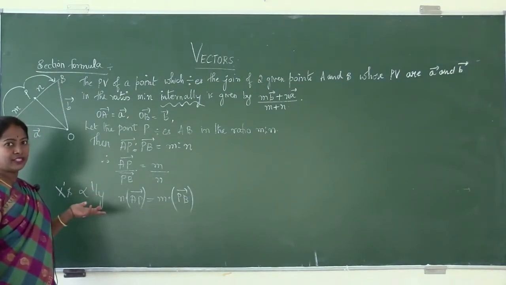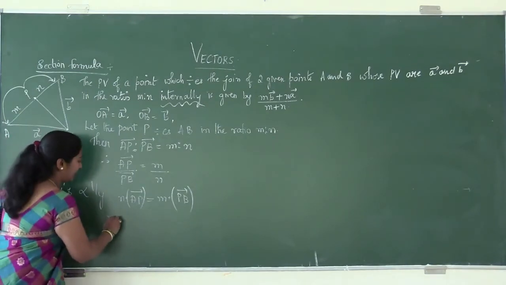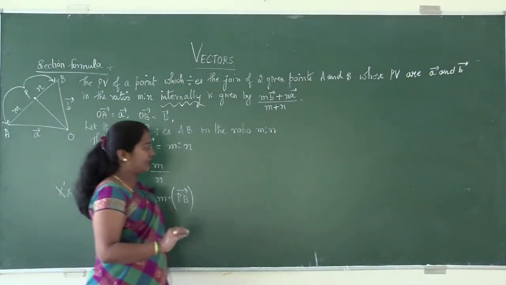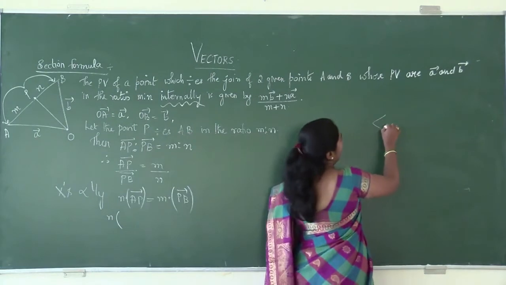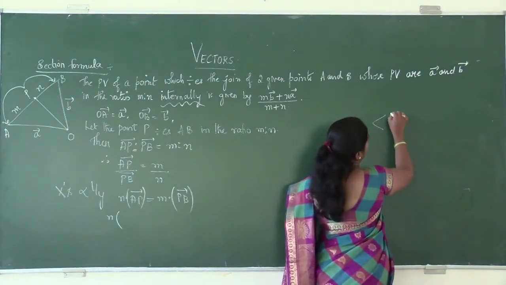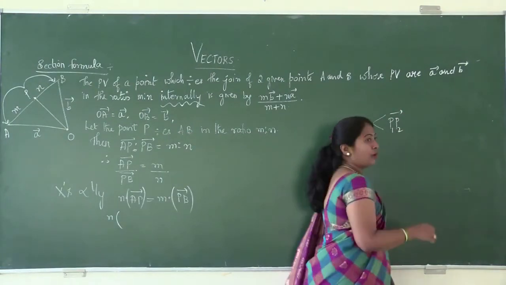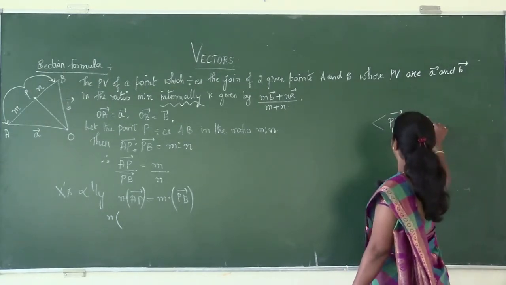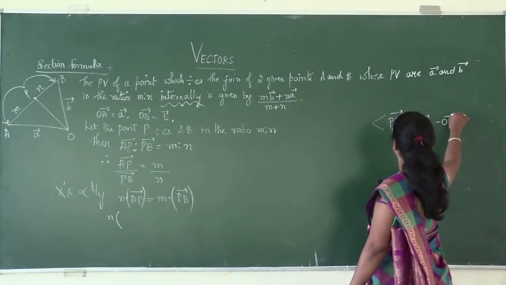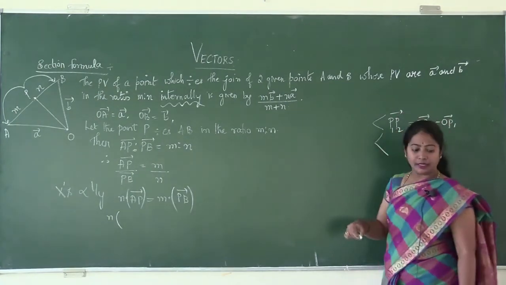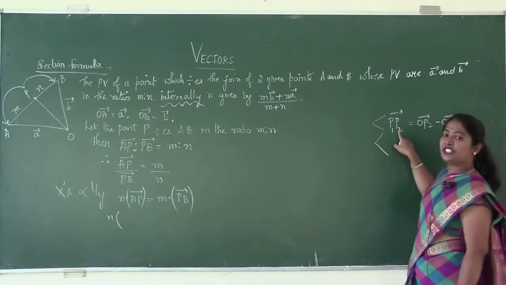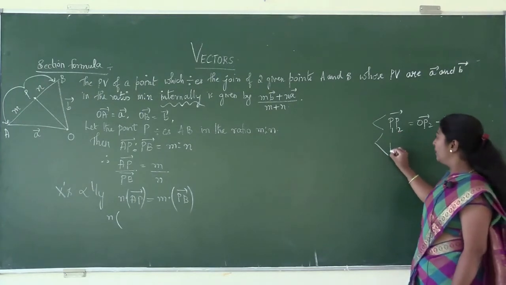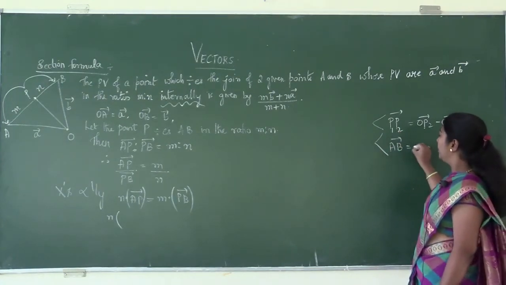In the previous derivations, how do we write a vector joining 2 points? Vector P1P2 is OP2 minus OP1, that is, vector OP2 minus vector OP1. Similarly, how do I write vector AB?